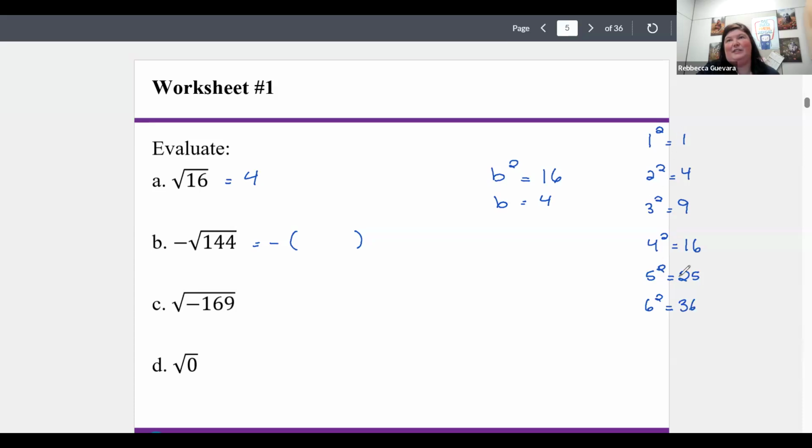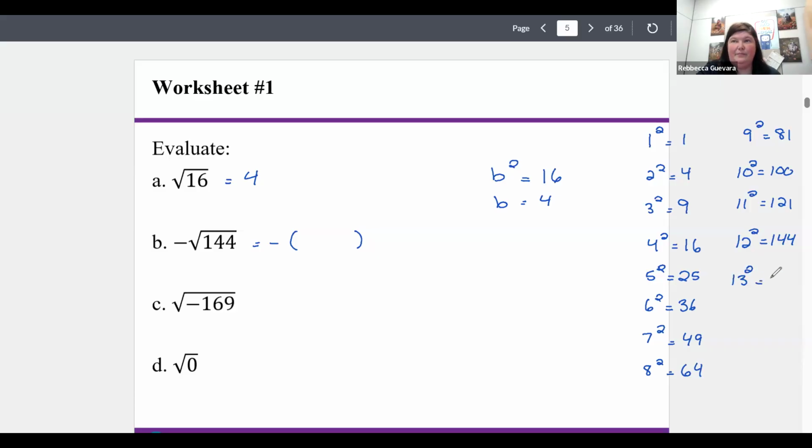And you might want to keep the list somewhere that I'm making because it'll be helpful later on. 7 squared is 49. 8 squared is 64. 9 squared is 81. 10 squared is 100. 11 squared is 121. 12 squared is 144.